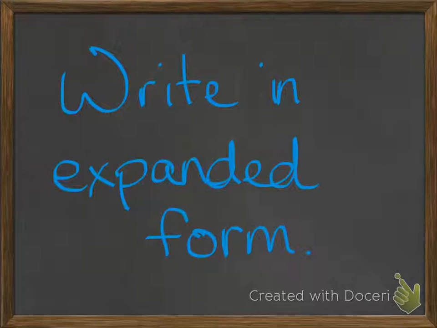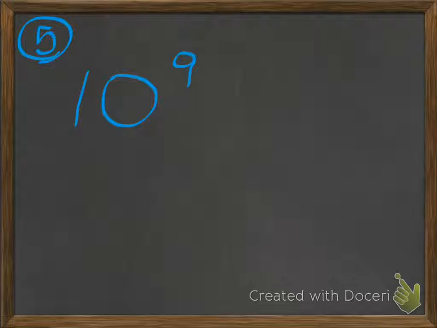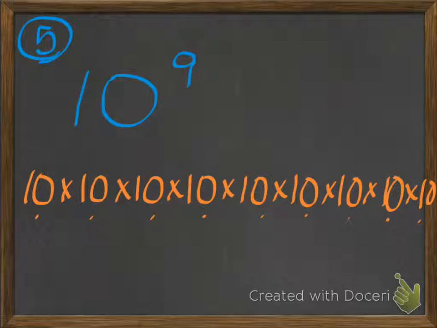Okay, this time you're going to write in expanded form. So write 10 to the 9th power in expanded form. Okay, you should have written that base number 10 and multiplied it 9 times.